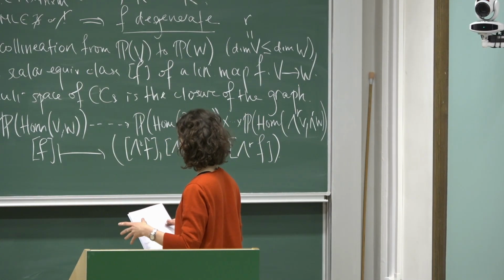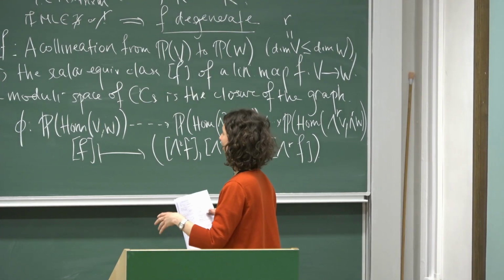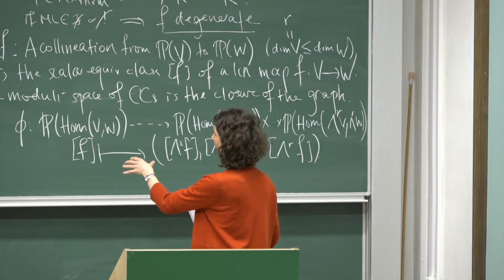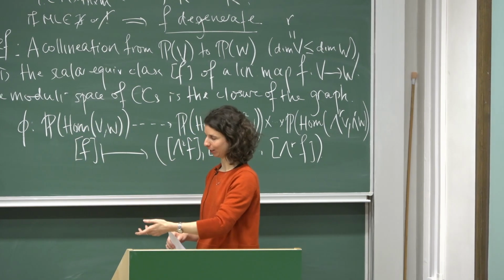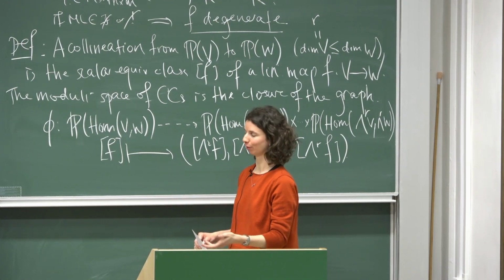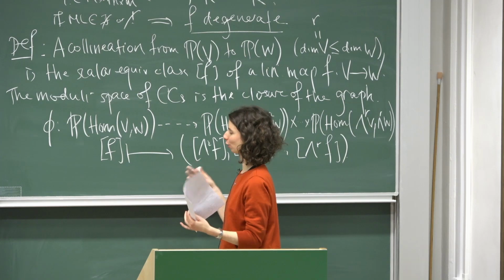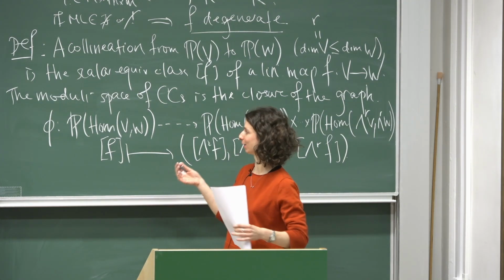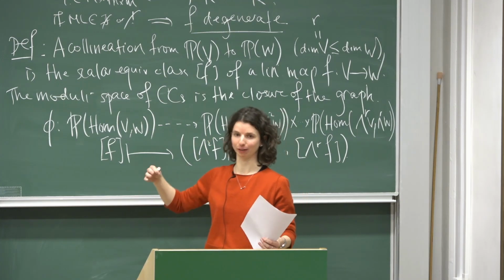And so the moduli space of complete collineations you should think about as being an alternative compactification to the space of non-degenerate collineations. Of course, this space here is a perfectly reasonable compactification. It's very simple, but geometrically, it's not very nice. Its boundaries are very complicated, whereas the boundary of the moduli space of complete collineations is very, very nice.